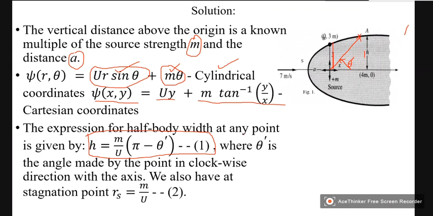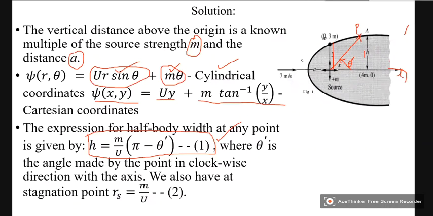Where theta dash is the angle made by the point with the direction of the x-axis, and in clockwise direction. So this is one equation we have.